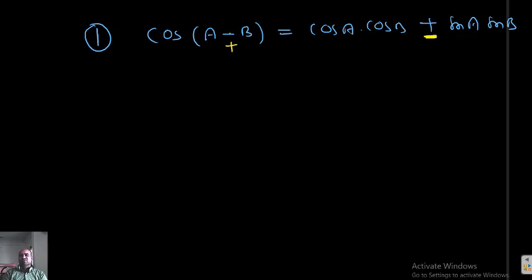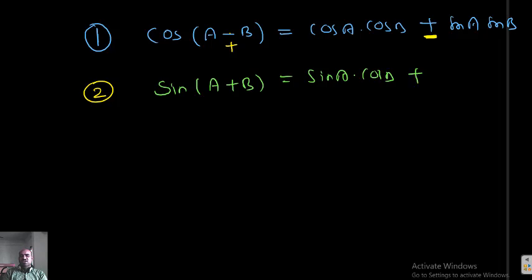So both formulas are combined here. Our second result: sin of (a plus b) is sin a cos b plus cos a sin b. Plus means plus only, minus means minus. So all the four formulas are combinedly written in these two formulae.